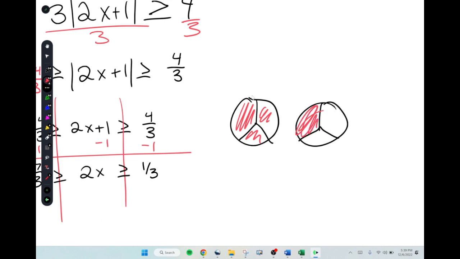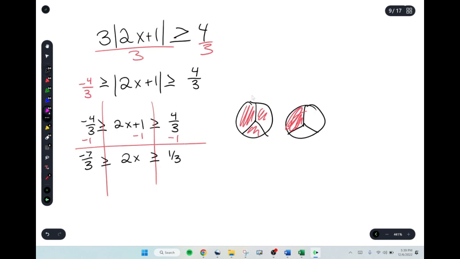I have 4 out of 3 pieces. And then the problem said, guess what I'm going to steal? Another whole pizza. Let's make that pink. 1, 2, 3. There's my whole pizza in pink. I'll do it blue so it's easier to see. 1, 2, 3. Now how many pizzas have I stolen?